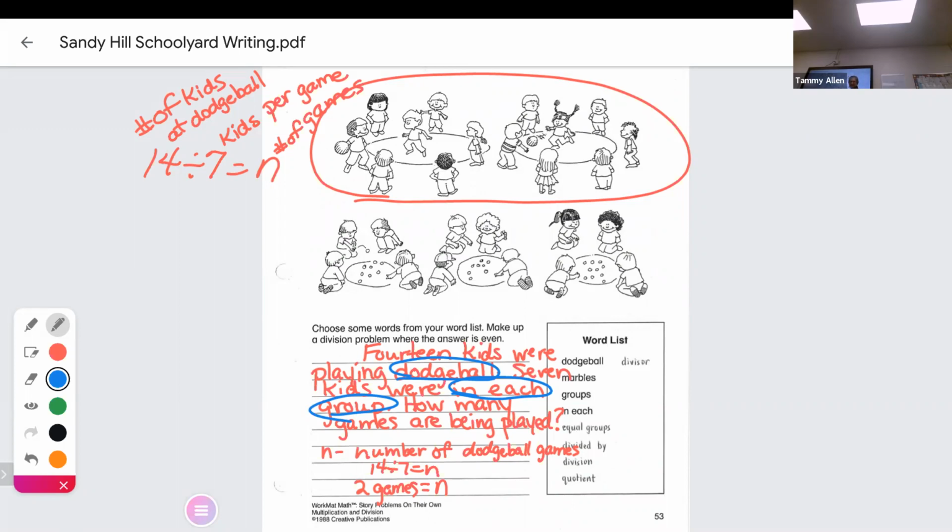Indenting. You don't indent the whole paragraph, folks. I had a student say, well, I indented it all. Yeah, I know. You don't indent it all. You only indent at the beginning. Okay? Some of you still aren't labeling your answer.